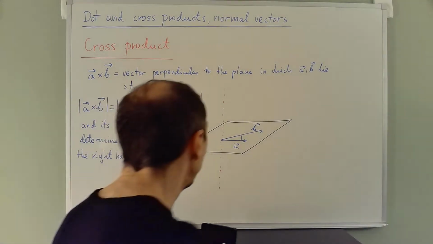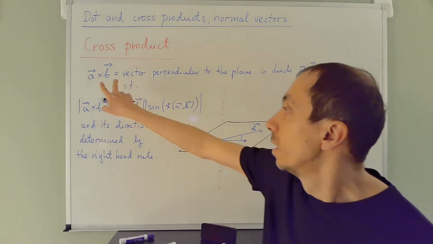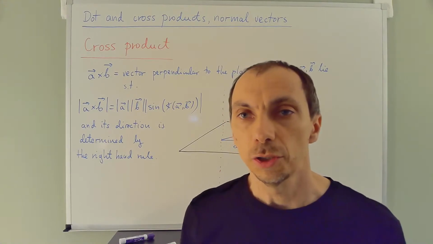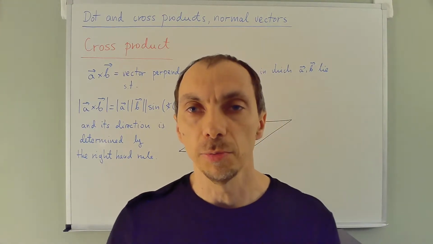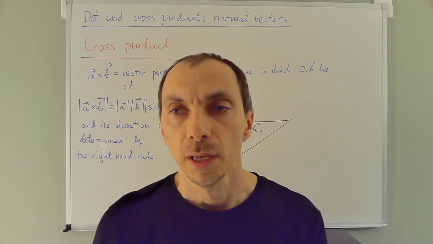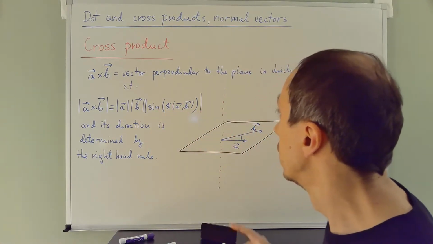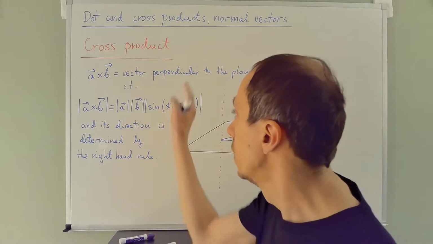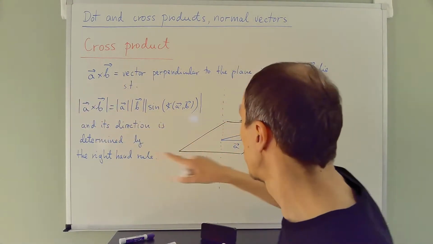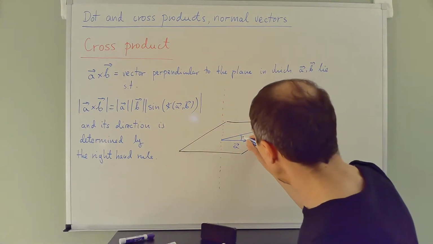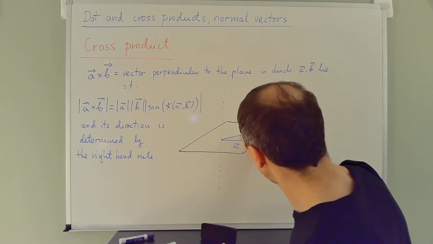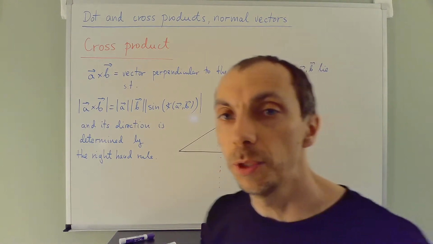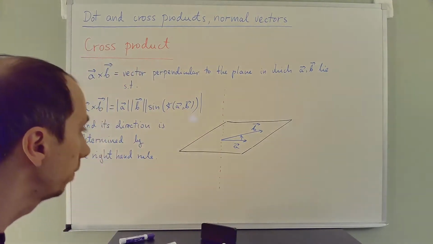What does that mean? While the dot product is commutative, whether I do A dot B or B dot A, it doesn't matter, the cross product isn't. It matters which vector comes first. So if it's the vector A that comes first, that means I look at the angle and draw an arrow on it like this, from the first vector to the second vector.